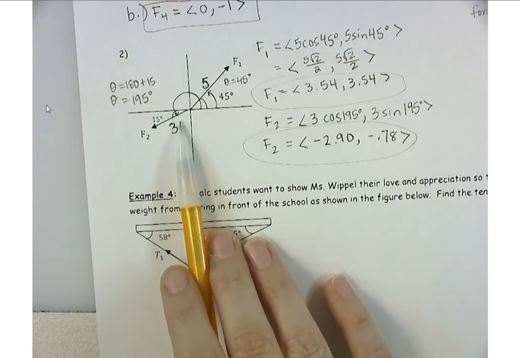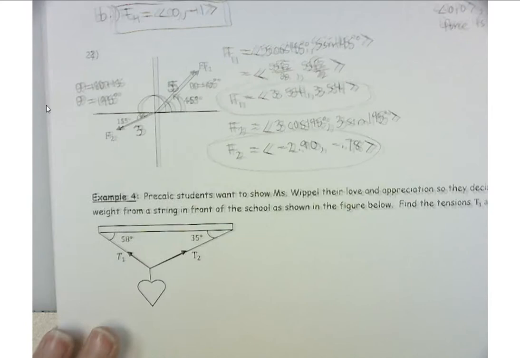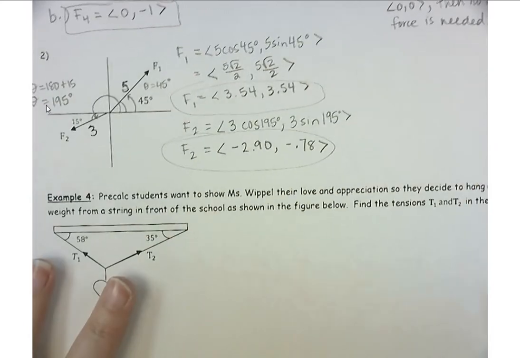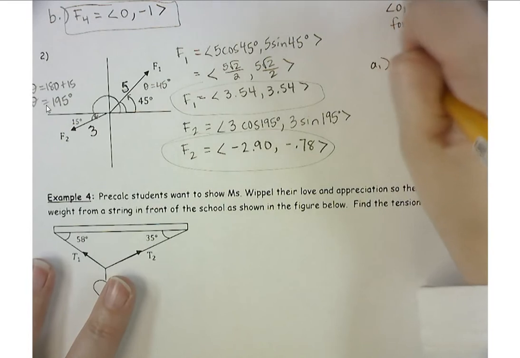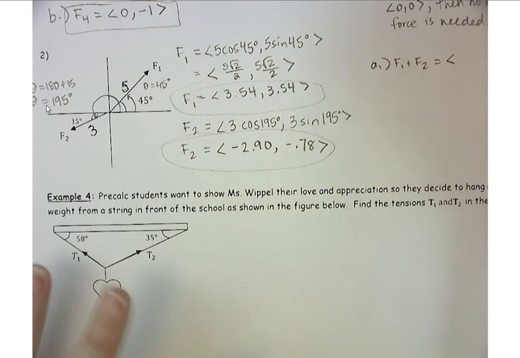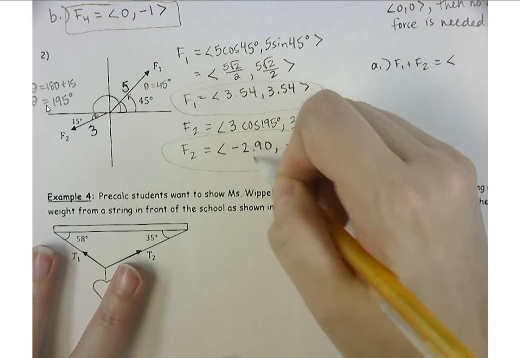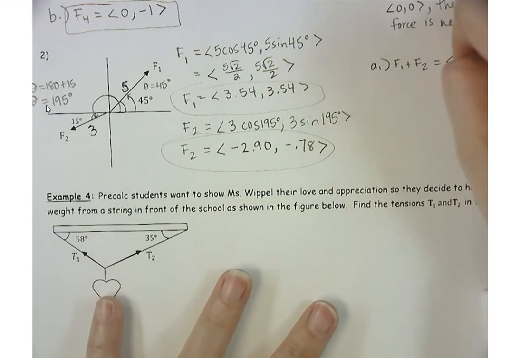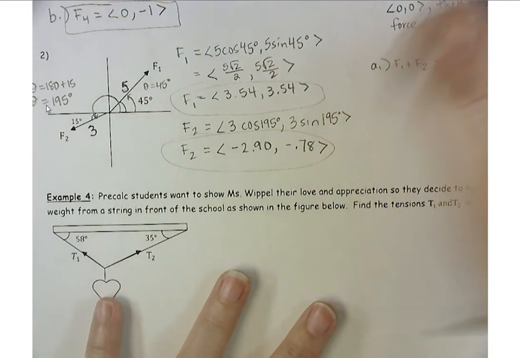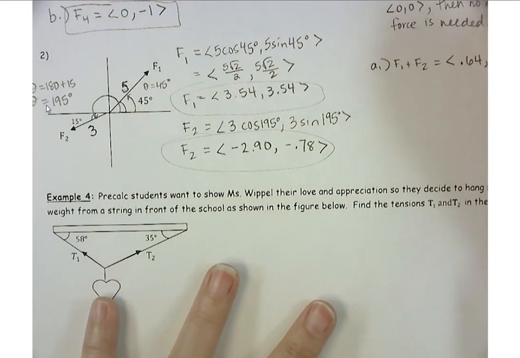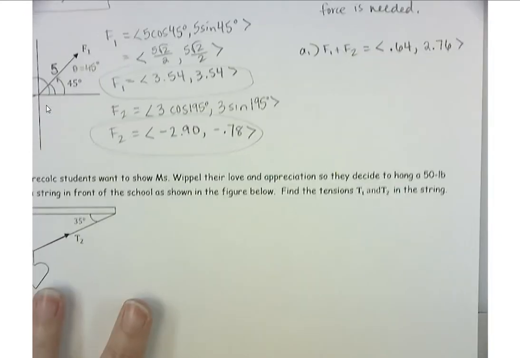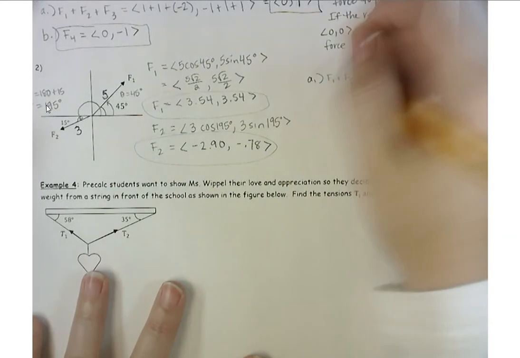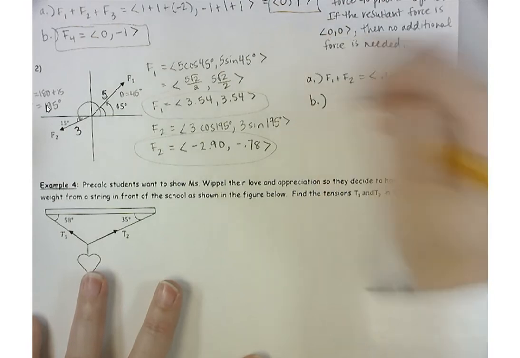Okay. All right, so now we're going to find, for part A, the sum of the forces, F sub 1 plus F sub 2. So when you add 3.54 to negative 2.90, you get 0.64. 3.54 minus 0.78 is going to be 2.76. Okay, and that will be your solution for A. For B, do we need an additional force?